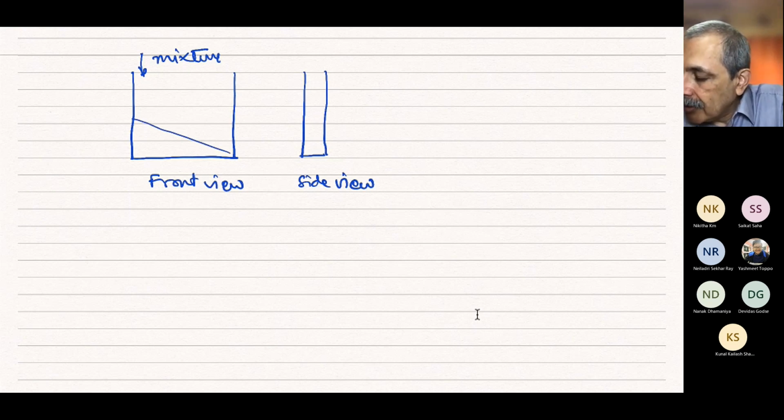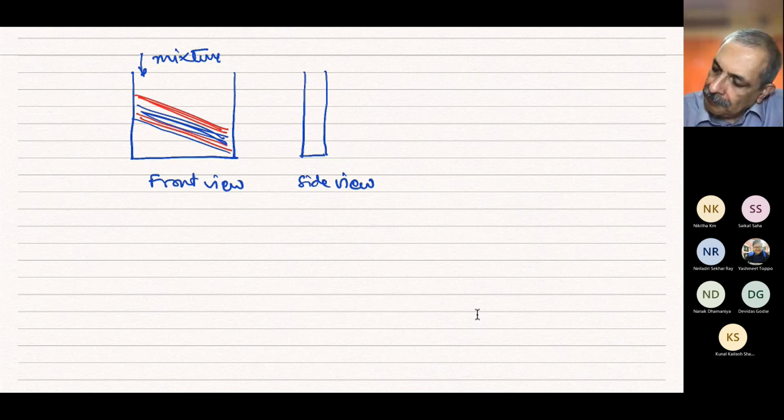But what is found is that if there are two different colored particles, then you will form layers of the different materials. So you're pouring in a mixture of particles. They are well mixed initially, but when you pour them, then you actually end up forming layers. First the blue particles, then the red, and so forth.